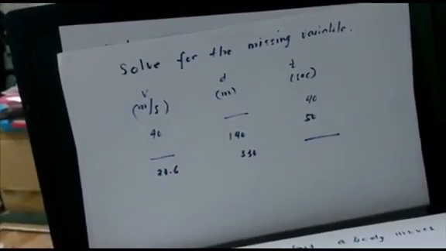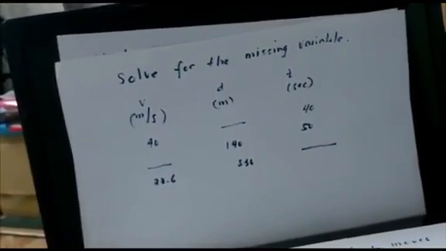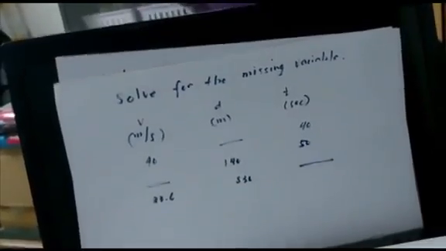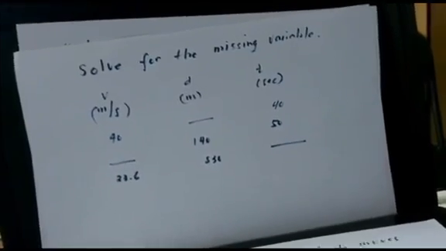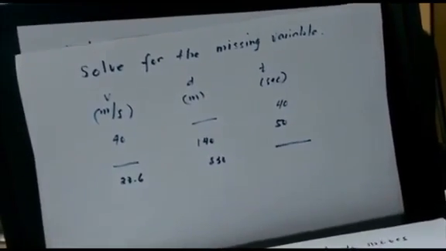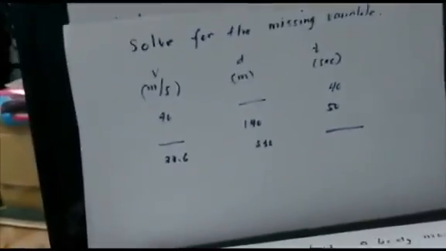And for the third row, you'll be asked to solve for the time. Take note that you are now tasked to solve different unknowns or variables utilizing the basic equation for finding velocity, which is v equals d over t.